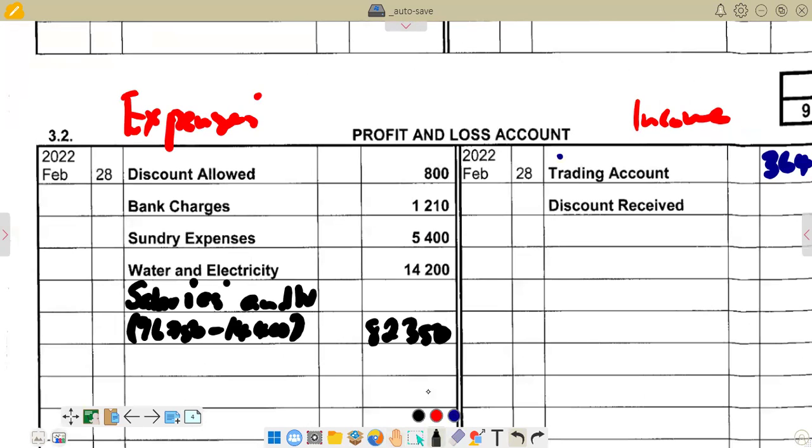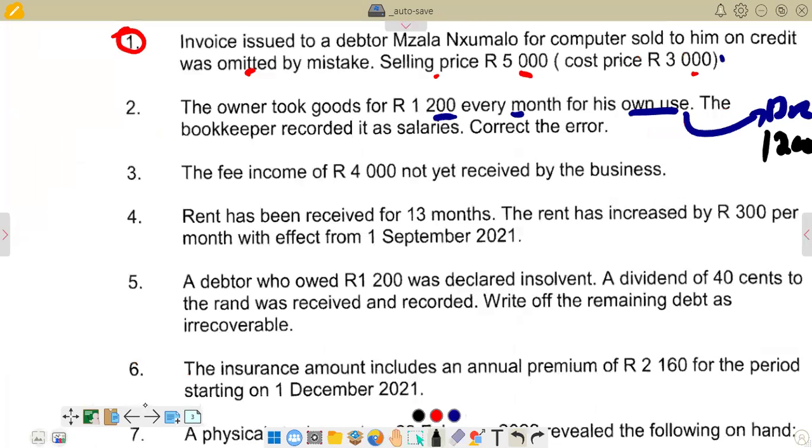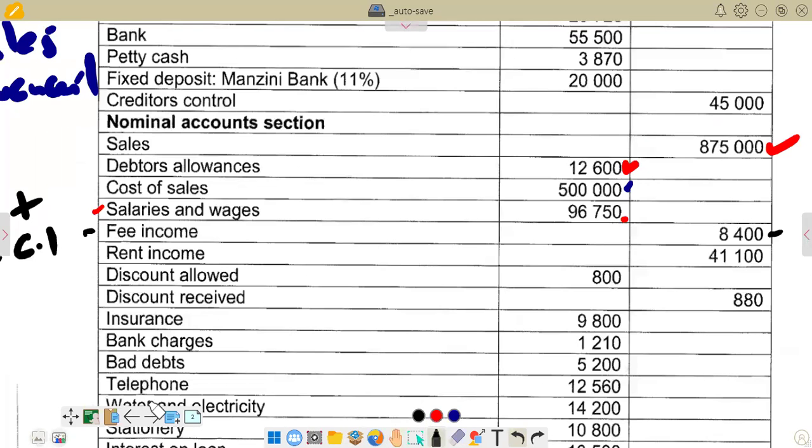So what we are saying now is fee income. Then in brackets, you can just show the working. Let's go back and see the figure for fee income that we are having in the list of balances.